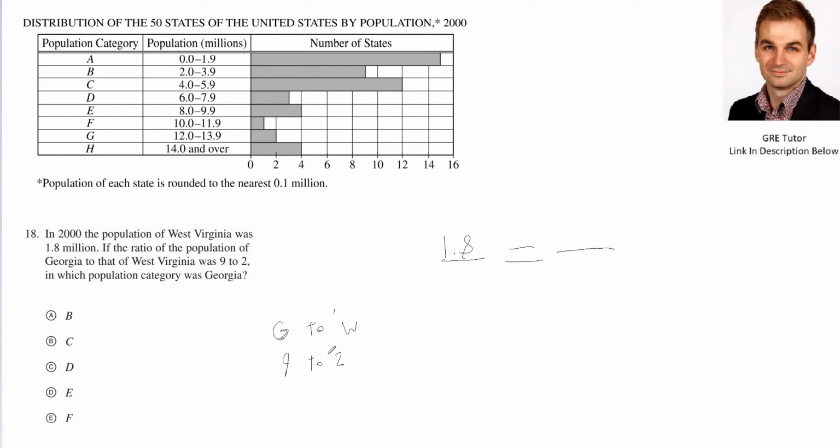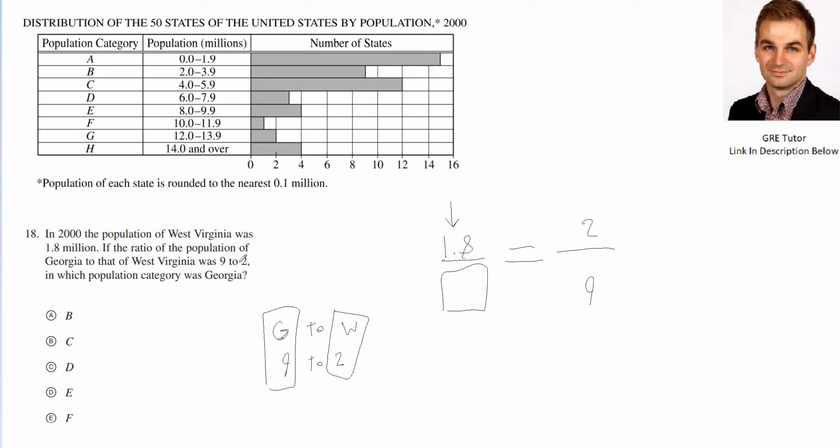So now with West Virginia, you have 2, Georgia has 9. So that means if this is the population of West Virginia in 2000, and I'm going to be comparing it to this 9 to 2 ratio, the 2 goes right here. So you get the 2 here. 9 goes on the other side.